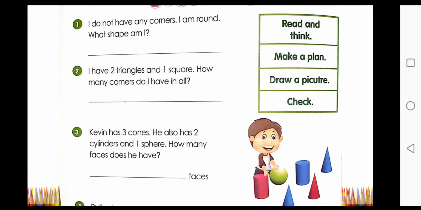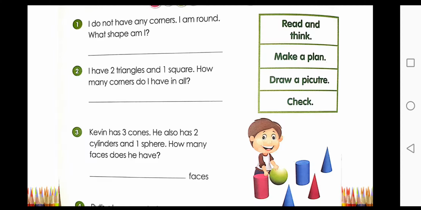Now, I have two triangles and one square. How many corners do I have in all? I have to think first.